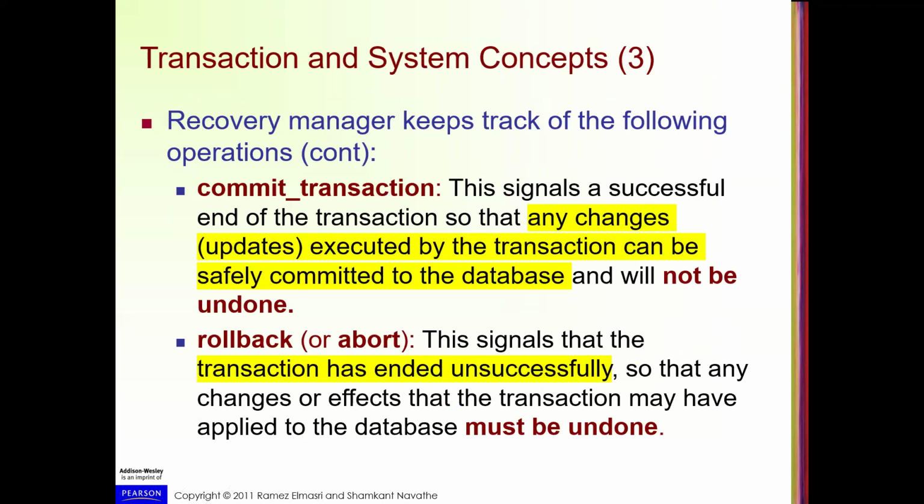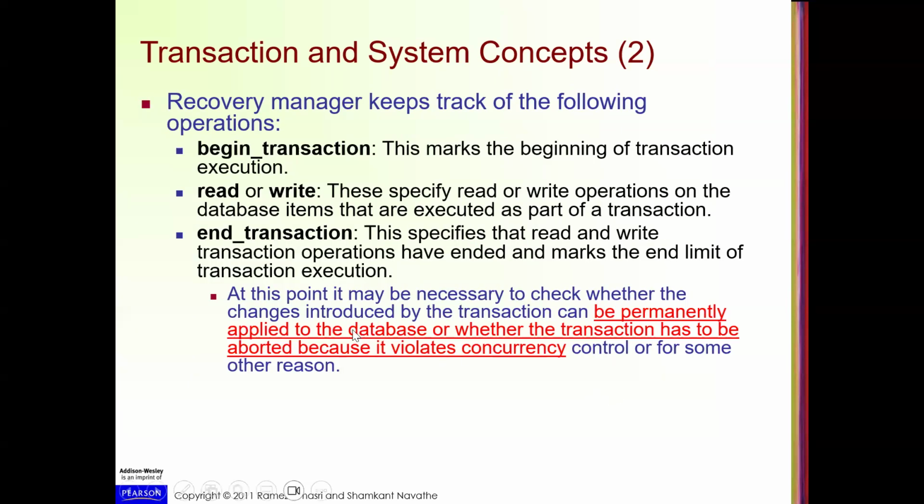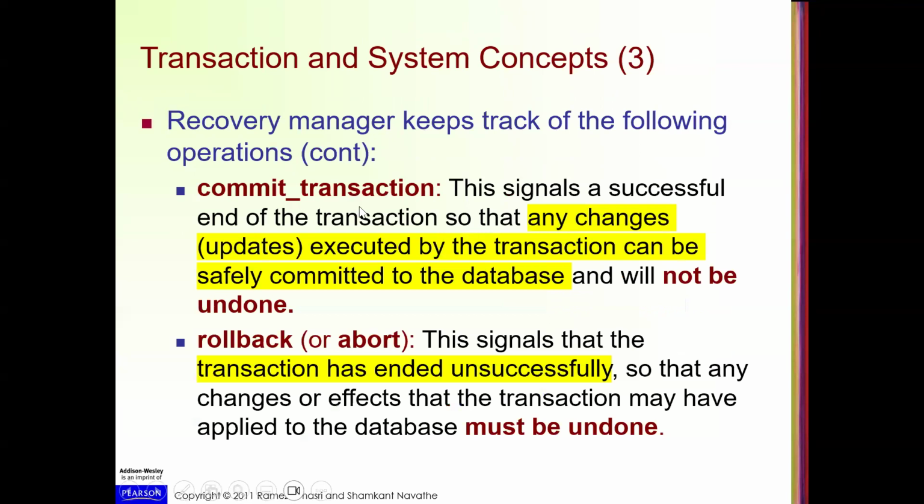The other operation of the transactions, which tells that the changes introduced by the transactions are successful and they need to be written into the database, is when we say we have to commit the transaction. The instruction that is used to commit a transaction is called commit_transaction.